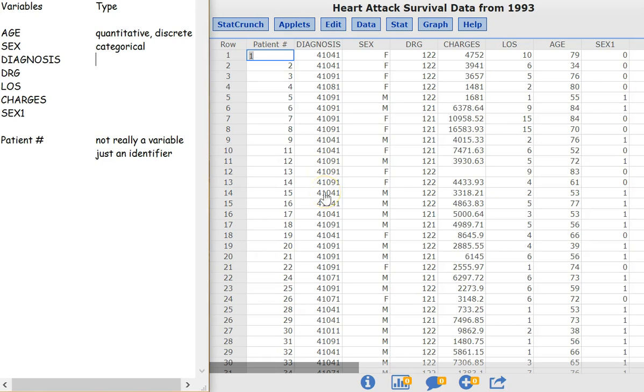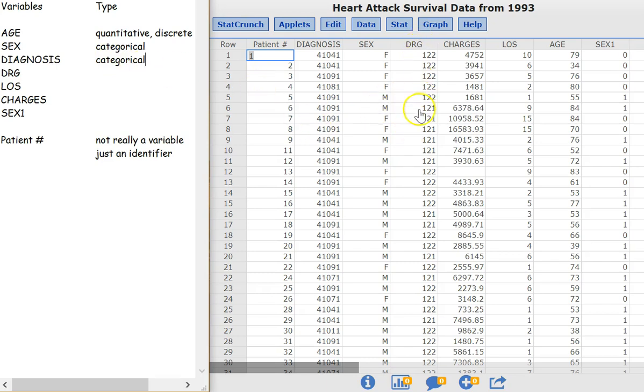That would make it categorical. Another way that you can tell it's categorical, again, is if we did things like averages of these numbers, that wouldn't give us anything meaningful whatsoever. So this is a categorical variable because it divides our patients up into different categories depending on what their diagnosis is.